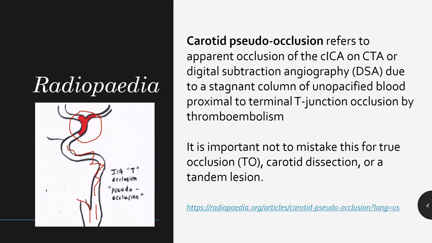So when we release the contrast, it winds up stagnating to some degree here and giving the illusion that we have a clot here and possibly a tandem occlusion, when in reality, the clot, where it doesn't have an outlet on either side, just leads to stagnation in this region.